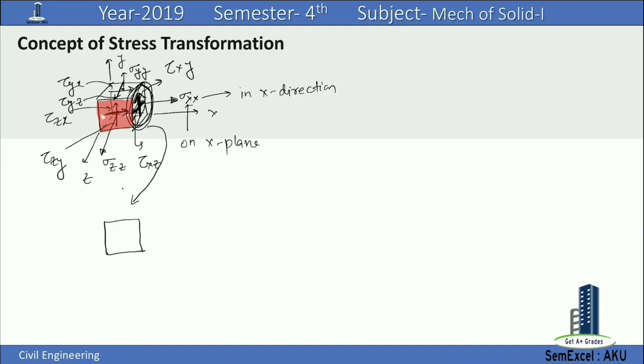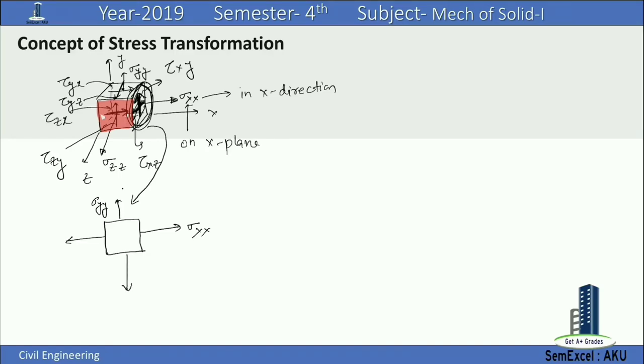So this 3D system can be converted into a 2D system like this. This is the xy plane. Sigma x is the stress in the x direction. Sigma yy is the normal stress on the y-plane in the y direction. These two are the complementary stresses.